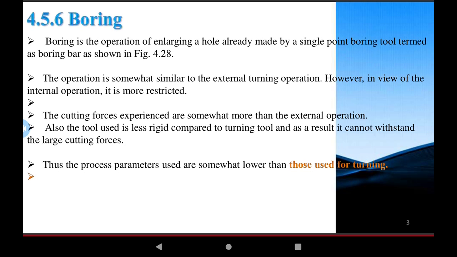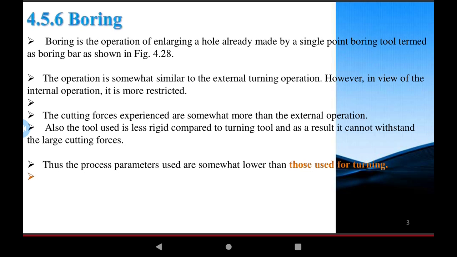These tools are used in a larger grade compared to turning tools.